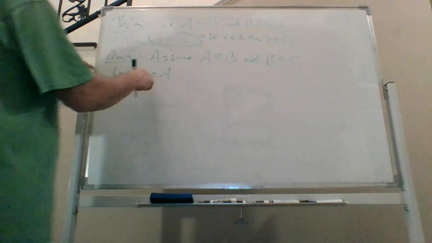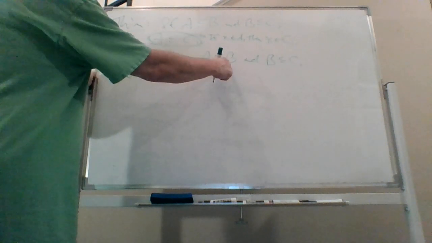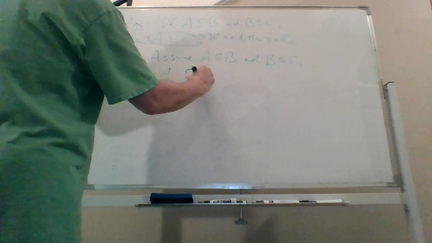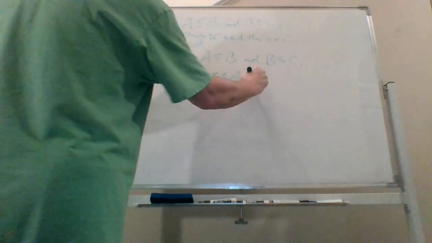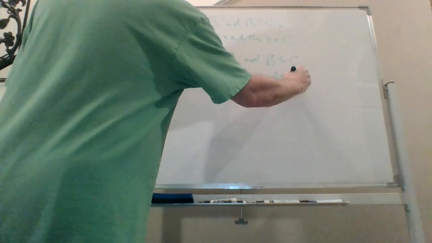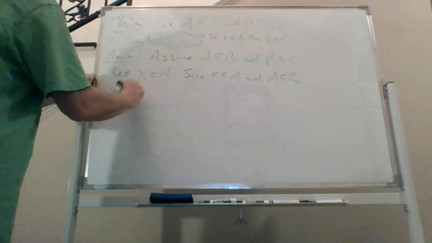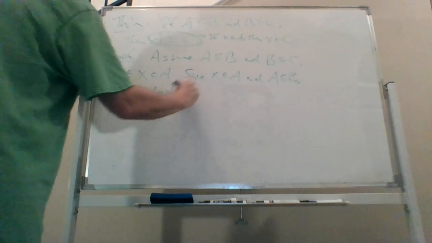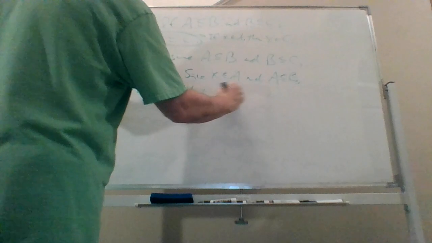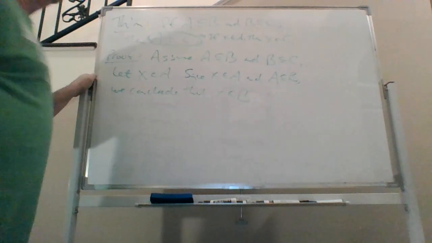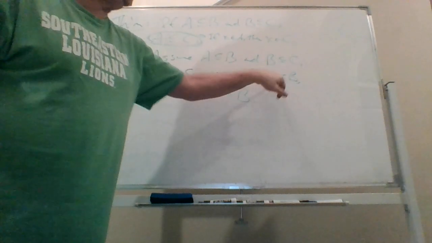Well, X is in A and A is a subset of B. Since X is in A and A is a subset of B, what can we conclude? We conclude that X is an element of B, can't we? Because what's the definition of A is a subset of B?